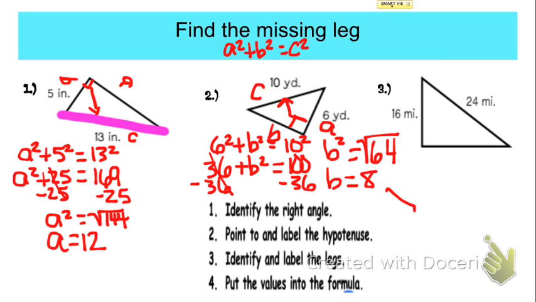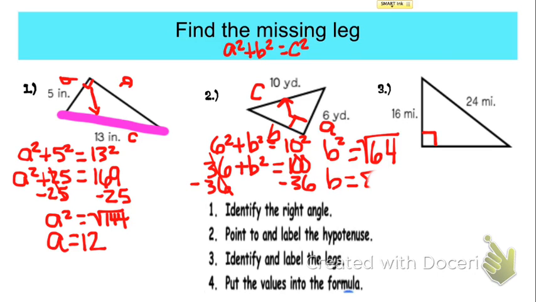Okay, so let's look at number 3. So the first thing that we need to do is identify the right angle. So go ahead and take a second and identify the right angle. Okay, 2.